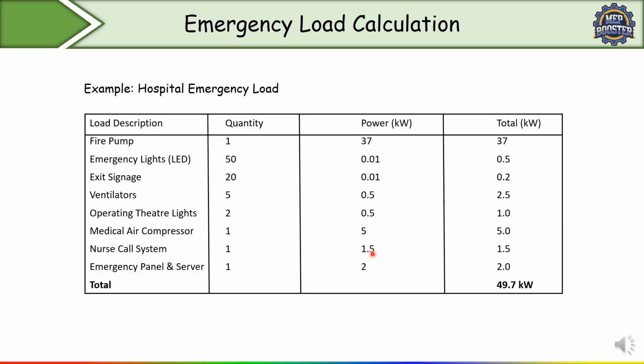Here it is given. Then apply the diversity. Here I have not applied the diversity, so as per that it is 49.7. Remember, apply diversity if applicable, but it is rarely applied. Now if you add the 20% safety margin, the final emergency load is showing 60 kilowatt. Correct? Is it clear?